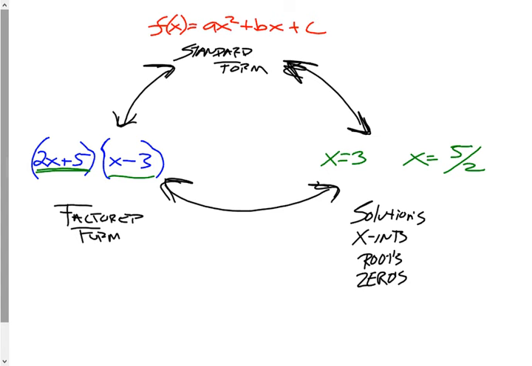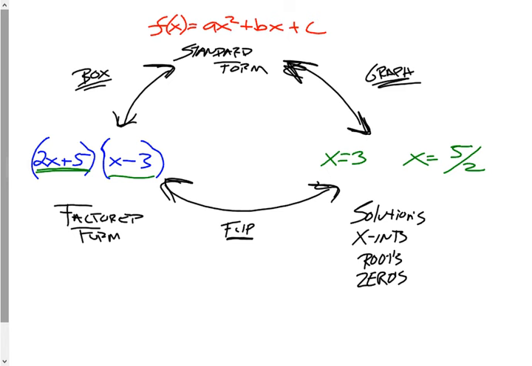So how do you do this? Well, from factored form to standard form, you multiply with a box. The other way, this is box. This way, you use your graph. And here, you flip factor to solution. So we have a way to go around this circle.